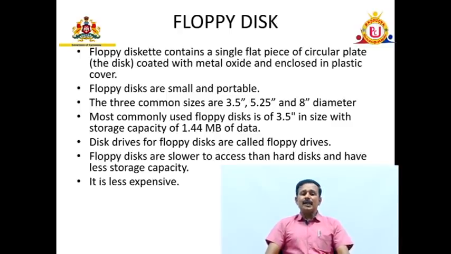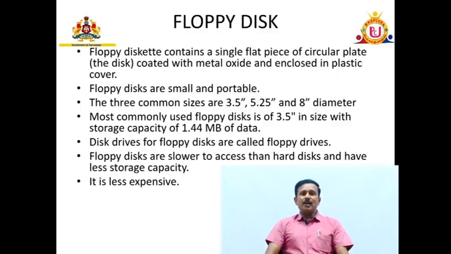Floppy disk is also a secondary storage device used to store data permanently. It is a single flat piece of circular plate. It is also coated with metal oxide, and it is enclosed in a plastic cover.